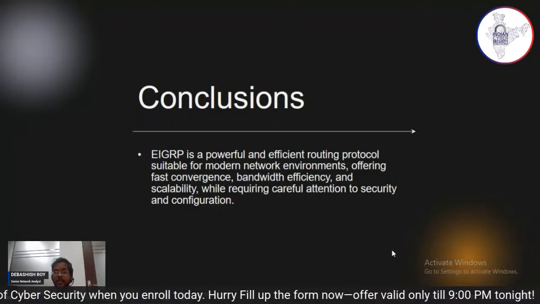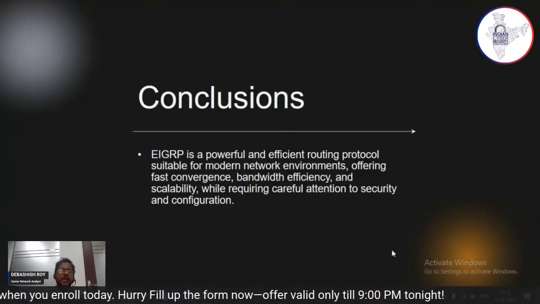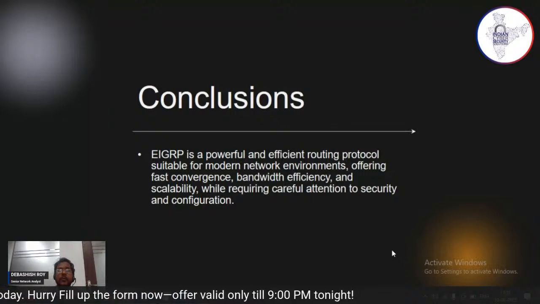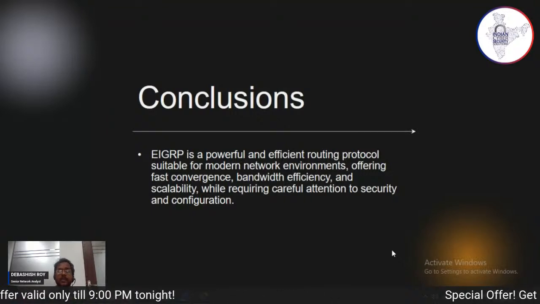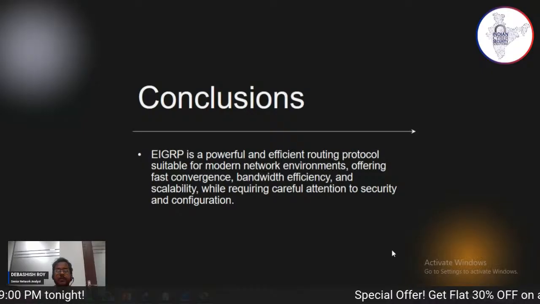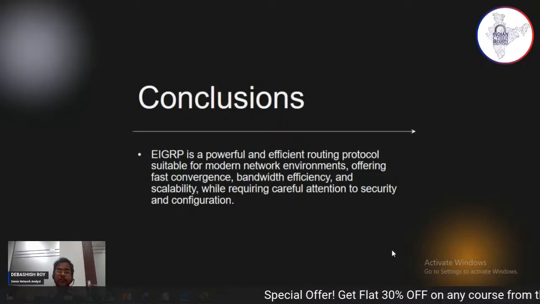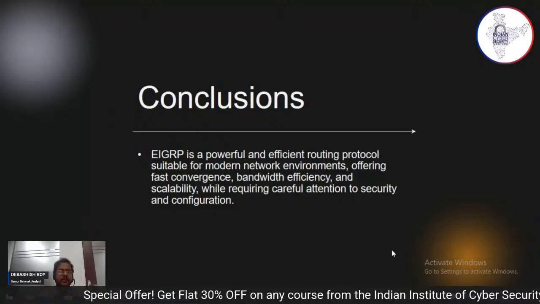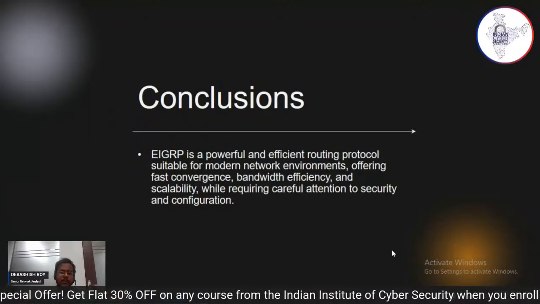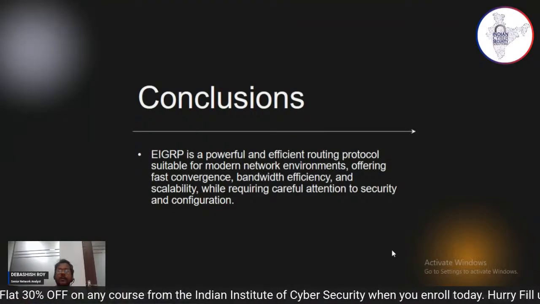So EIGRP has been a very preferred protocol for network engineers for a long time, but the problem was that it is Cisco proprietary. So only on Cisco routers you could configure EIGRP, but for about the last 5-6 years it is now vendor neutral. So nowadays everybody is going to configure EIGRP.